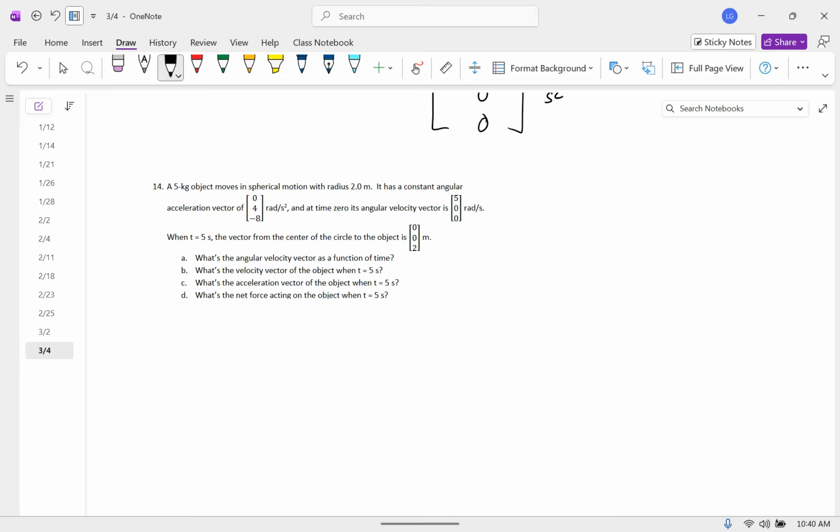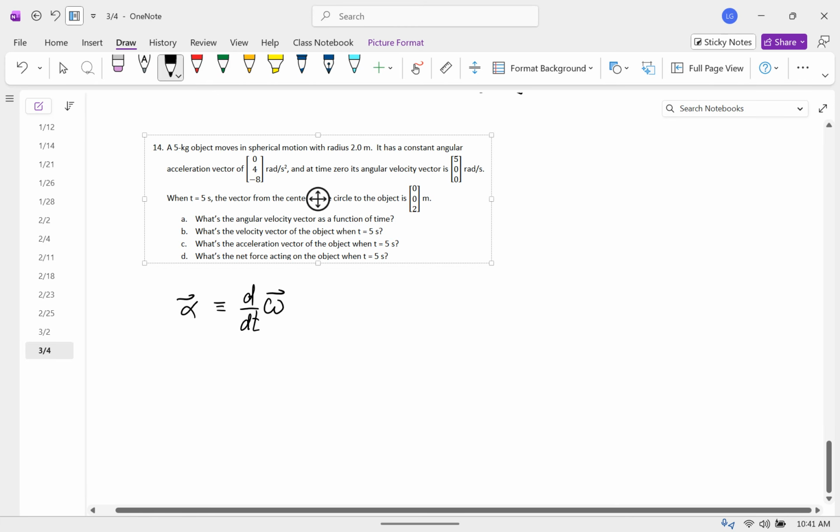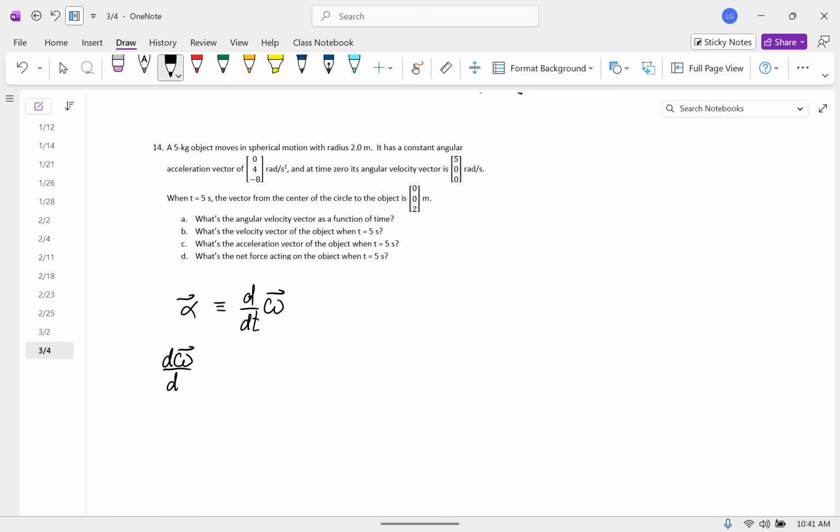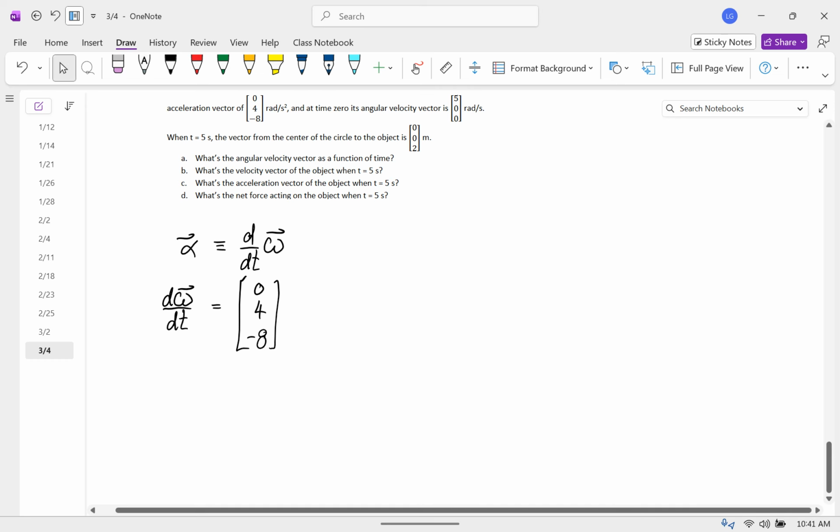So, okay, this is a definition. The angular acceleration is defined as the time derivative of the angular velocity. So I'm going to write it like this: d omega dt is equal to (0, 4, -8), which we can think of as 3 separate equations.